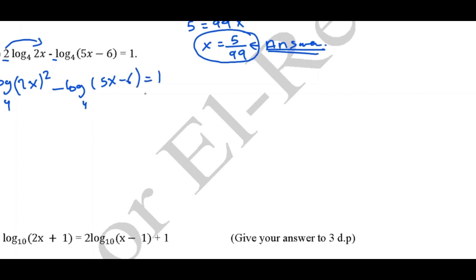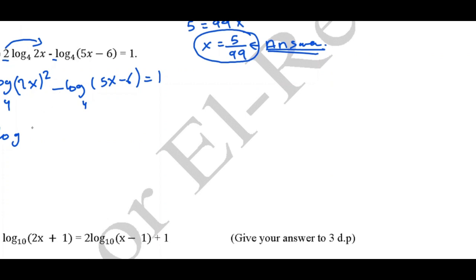I always have to check before combining logarithmic terms. All the terms should share the same base and the same coefficient. Now, because they're sharing the same base and the same coefficients, and the relationship is subtraction, the combining for subtraction is division.